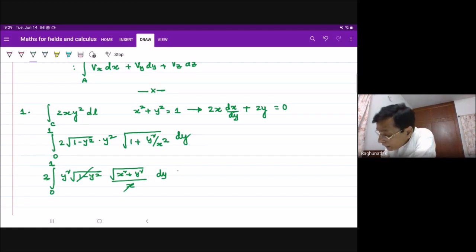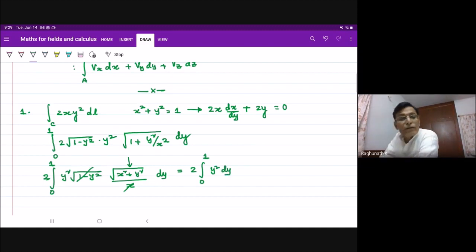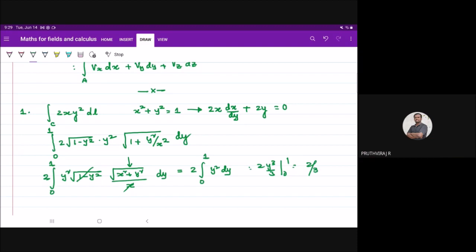Ultimately, x squared plus y squared is equal to 1 along the path. So 2 times integral 0 to 1 y squared dy, which is 2y cubed by 3 from 0 to 1, that is 2 by 3.